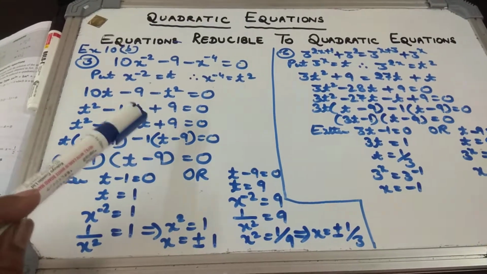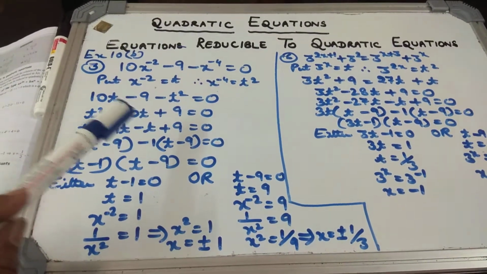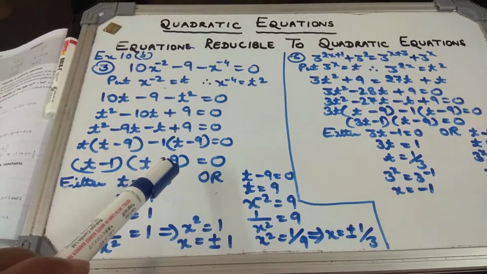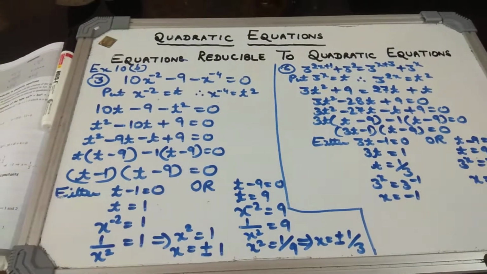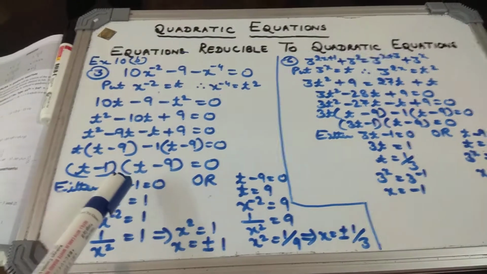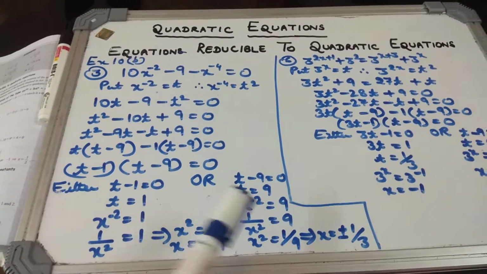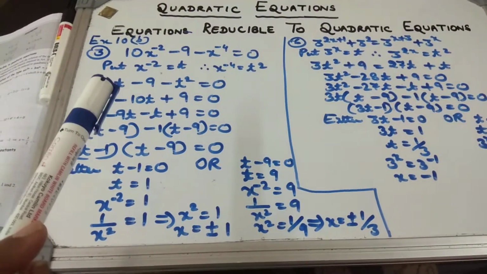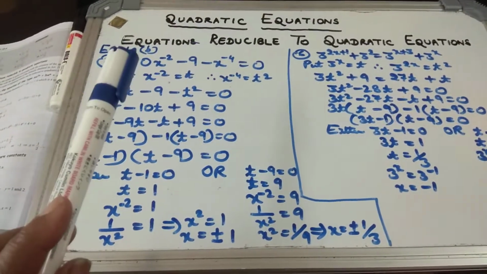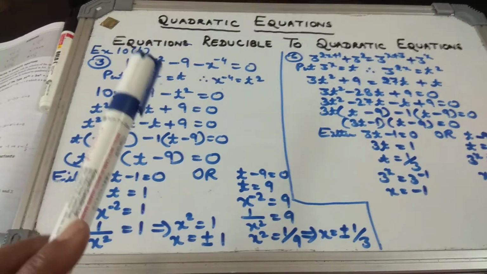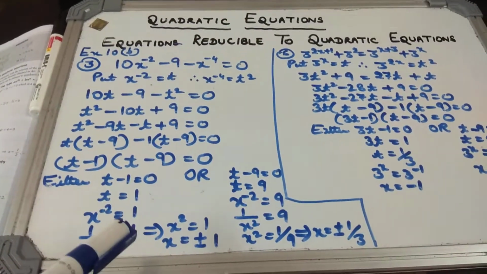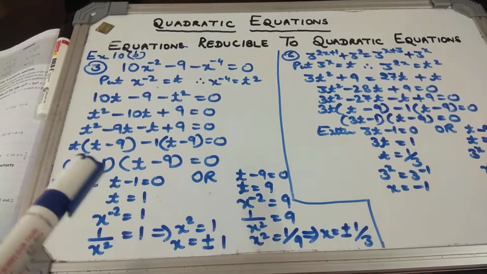All of you know how to solve it: split the middle term, and t minus 1 into t minus 9, two factors are obtained. Now t equals 1 is one solution, t equals 9 is another solution for this quadratic. But be careful, you have to write the answer in the form of x, don't leave it at t.